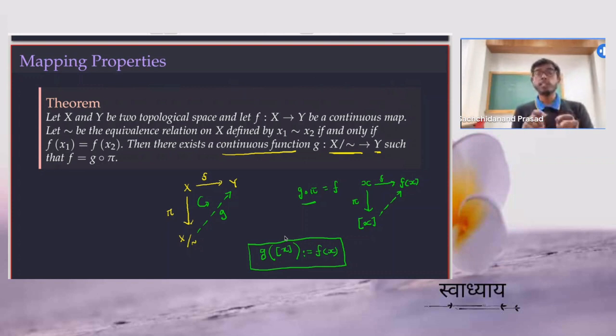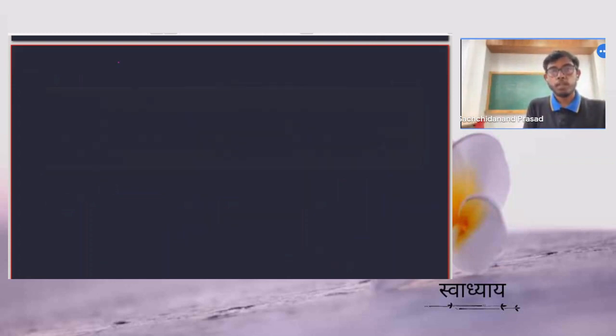Now, since g is defined on an equivalence class, we need to make sure that this is well defined. That is, if the equivalence class of x is the same as the equivalence class of y, then I need to show that they map to the same point. Okay, so let's prove that. If the equivalence class of x is the same as the equivalence class of y, this means that x is related to y.